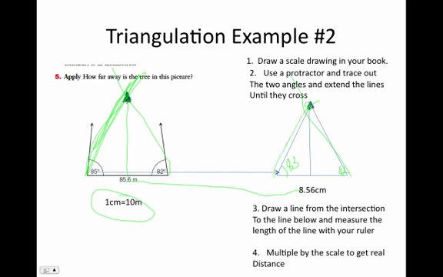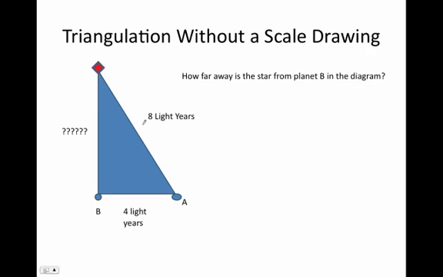Then I draw a line straight down and I measure this line right here, whatever it may be. And let's say it turns out to be exactly 10 centimeters. So then what would that be in real life? Well, for every 1 centimeter it's 10 meters. So if this is 10 centimeters, this distance would be 100 meters in real life.